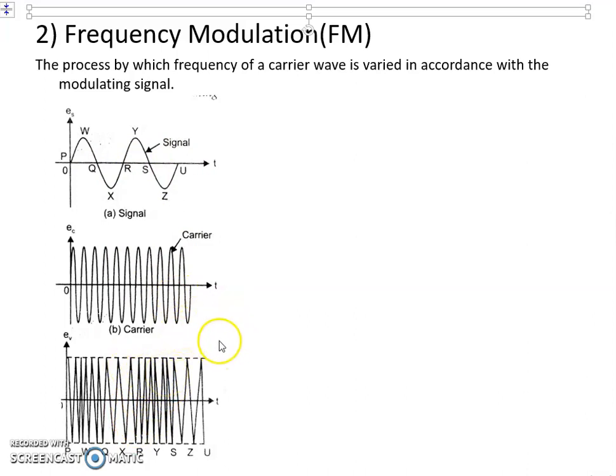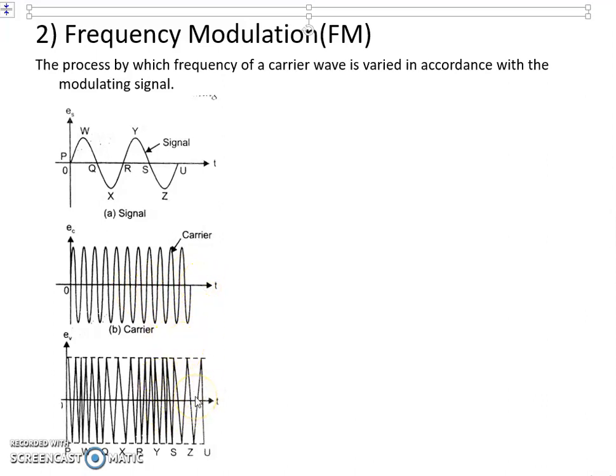So here, when a signal of frequency Fs is modulated with a carrier wave of frequency Fc, a resultant modulated wave is produced.